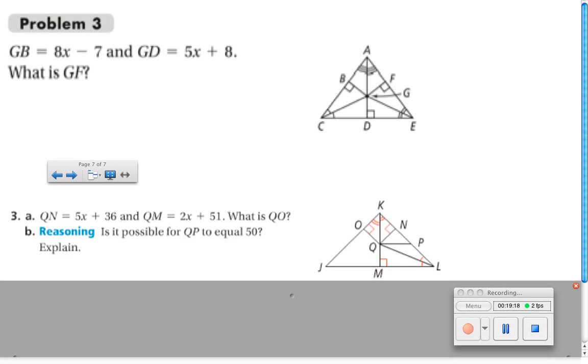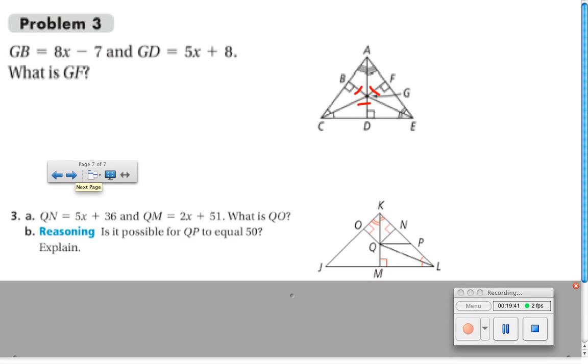Once again, these equations set up exactly the way you think they would. Okay, so GB, you need to realize, is congruent to GD. And if you look at the question, they're not asking us for either one of those. They're asking us for GF, but conveniently, GF is congruent to both of them anyway.